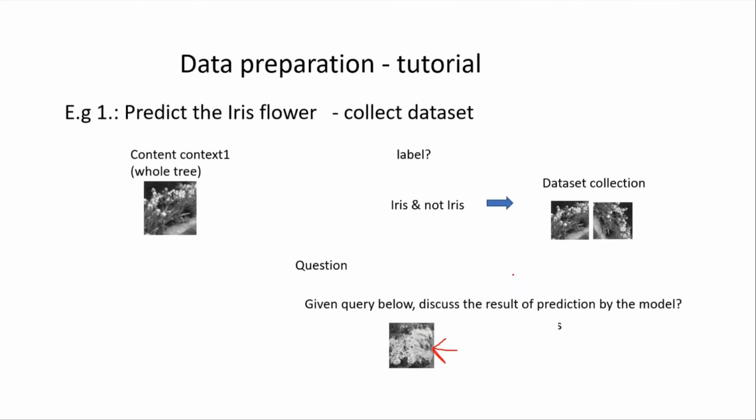Here you have to see the data set collection. This picture is definitely a bit far away from this picture. It is more white and less white, more black and less black. If you put this, I think the software is probably not going to predict this is not iris, or probably it is going to say this is iris, but the confidence is only 20%.